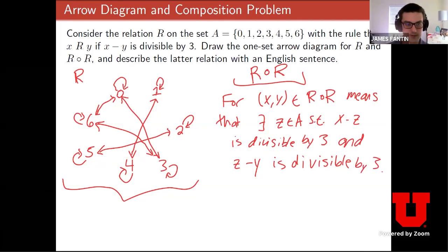Would there be some similarities between the arrow diagram, if you're looking at the mapping of values in R composed R, and the arrow diagram we have for R itself? Anyone have any ideas?